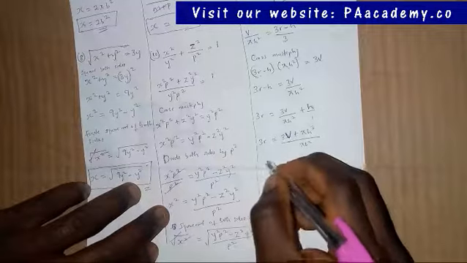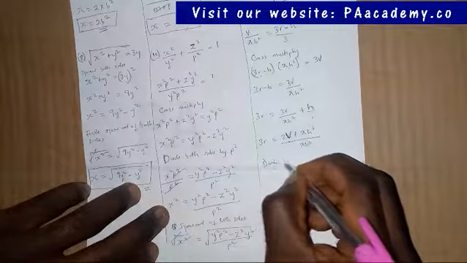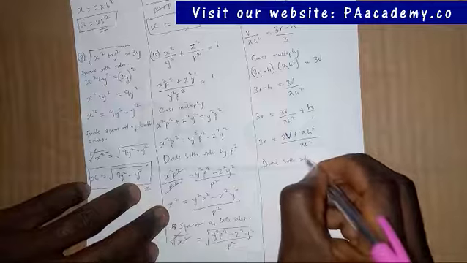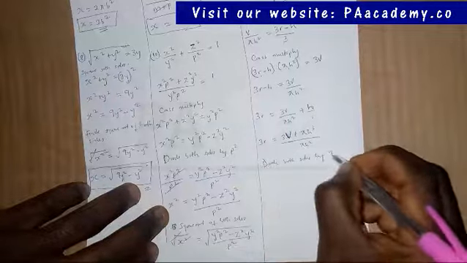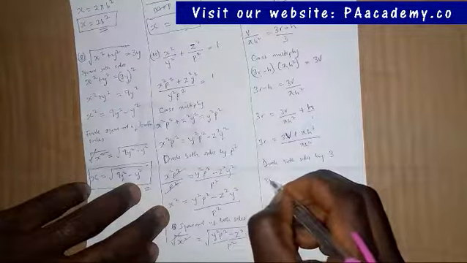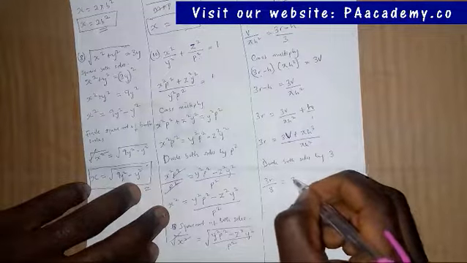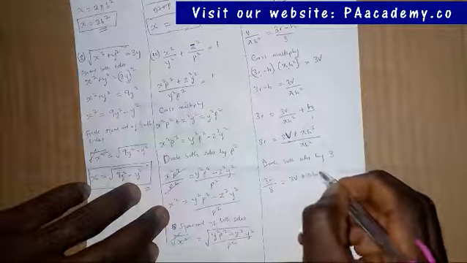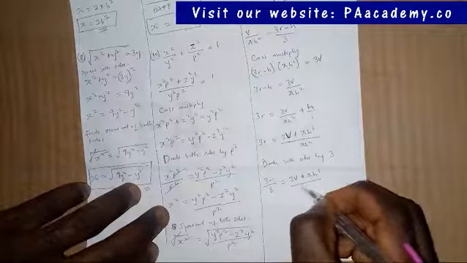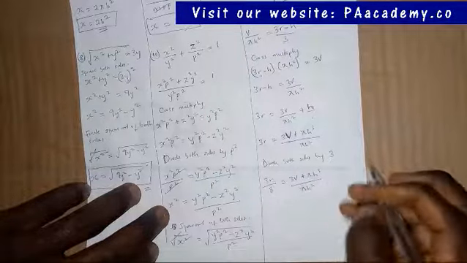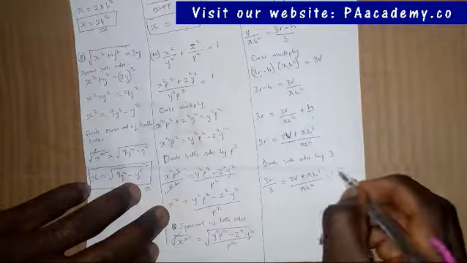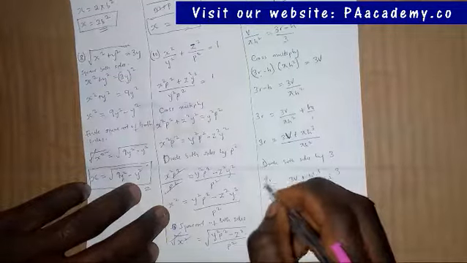Exactly. So now let's divide both sides by 3. So we are going to have 3r divided by 3 equals (3v plus pi h cubed) over pi h squared, divided by 3. Let me put it like this. So this will cancel this.